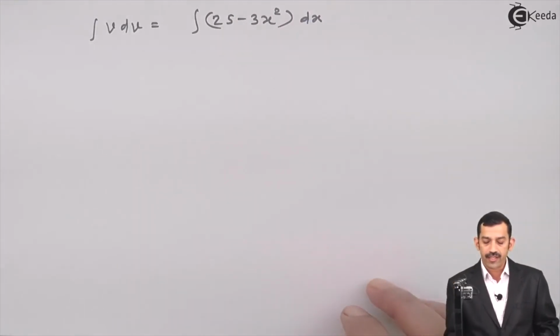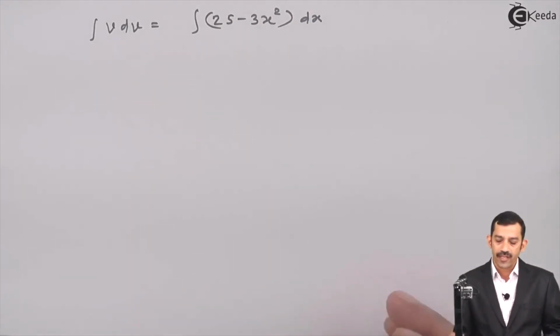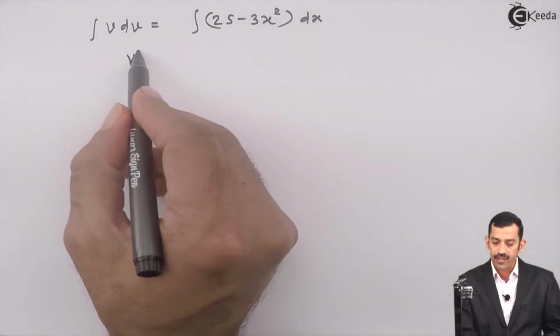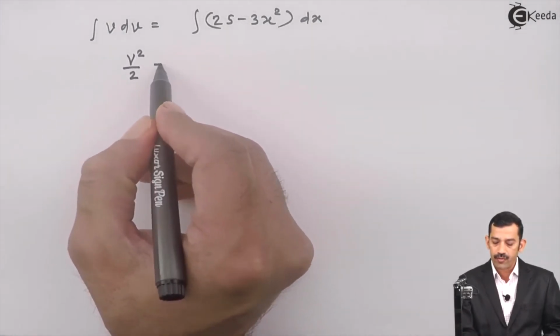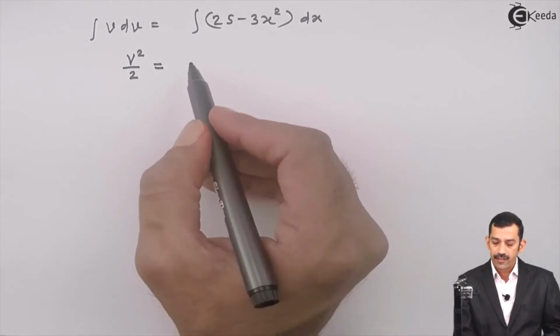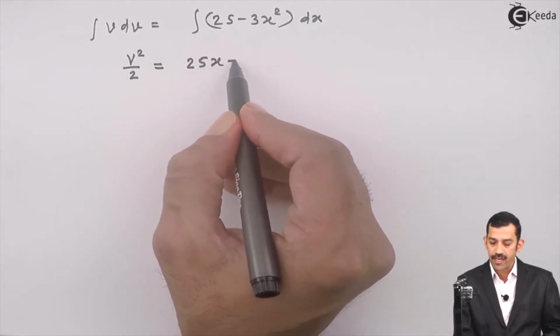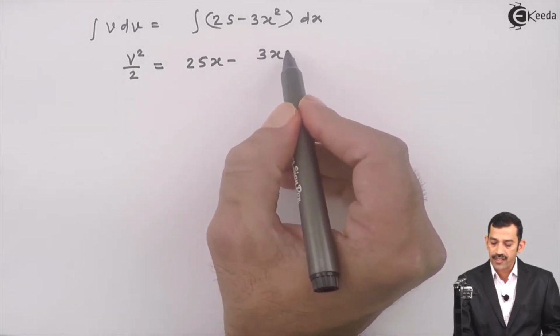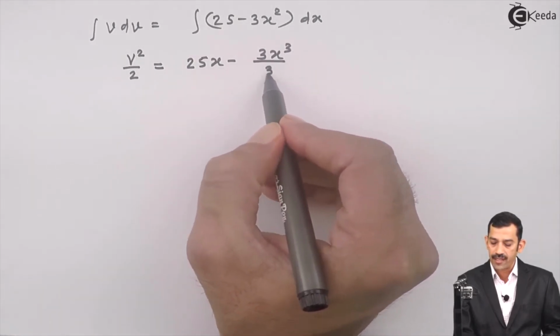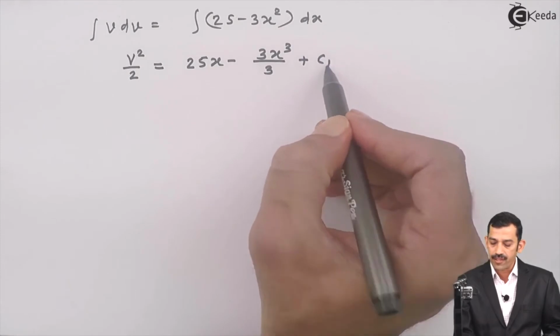If we integrate the left side, what will we get here? The integral of v dv becomes v²/2, equal to, on the right hand side, the integration of 25 is 25x minus 3x³/3 plus a constant of integration.